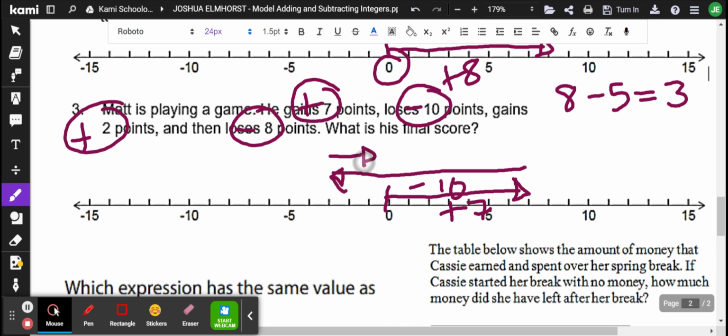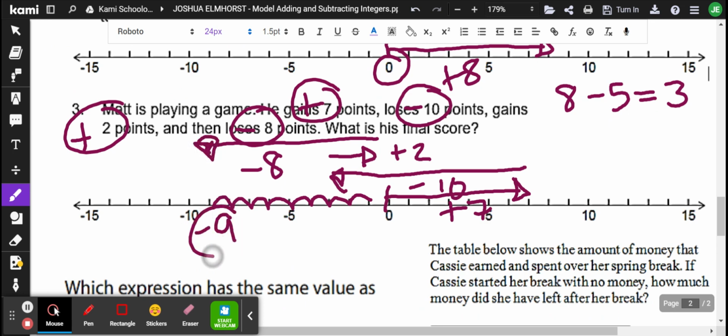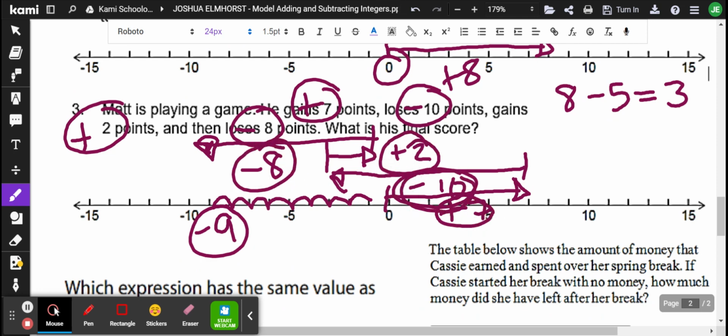It goes up 2 and then loses 8. So it looks like the stop is going to be at -9. The final score is -9 or 9 below 0. So plus 7 minus 10 plus 2 minus 8.